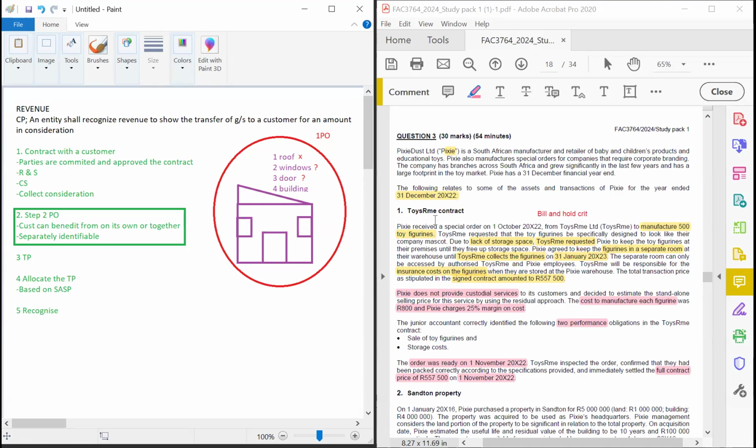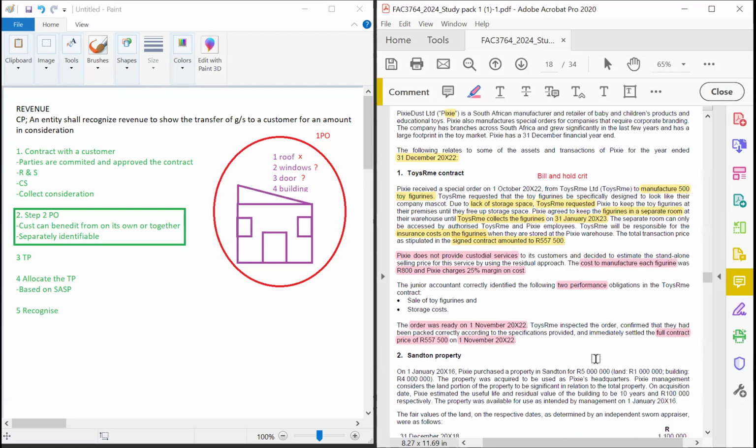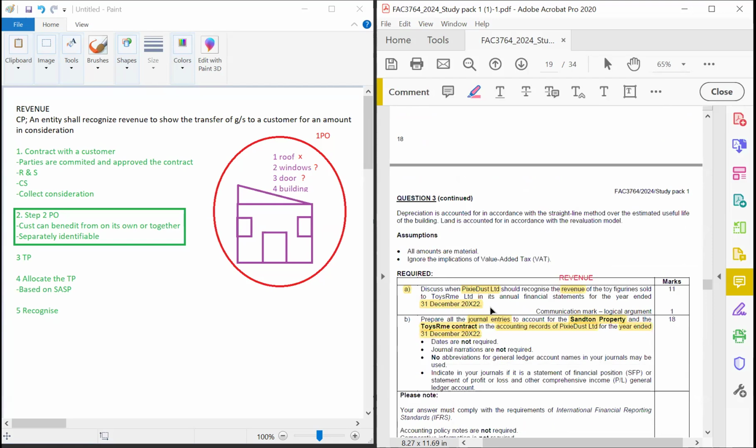Okay, great. So now in this one, we are provided with the two performance obligations, right? I'm not going to waste time on this part A as it is more of us answering the theoretical aspect. I want to invest most of the time in part B, where we would be doing the journals, right? But just to answer A, with revenue, we are dealing with recognition.